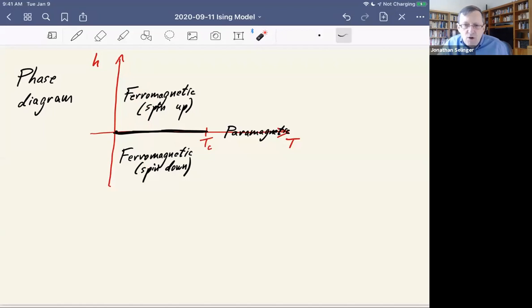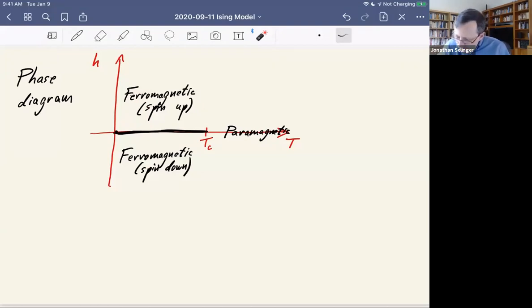Right? It's like crossing the border from one country to another. Things might change suddenly. Right? And then when you vary the field just like that, right at the critical temperature, then that's where you get the infinite derivative.